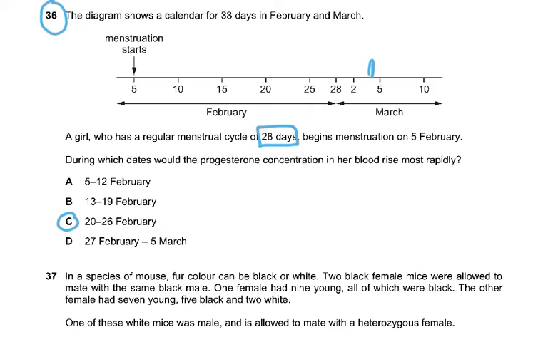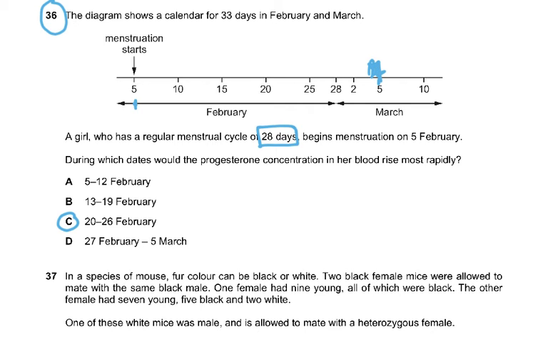Because February doesn't have a 30th, the 5th to the 28th is 23 days, and then 5 days more, so somewhere here.